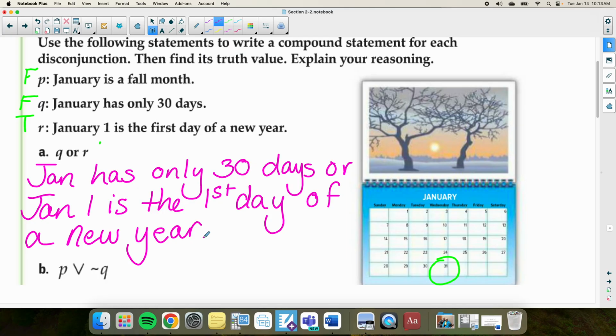Now, Q was false. R was true. In a disjunction like this with or, how many have to be true? Just one. So is it true? Yep. It is, because one of them is true.